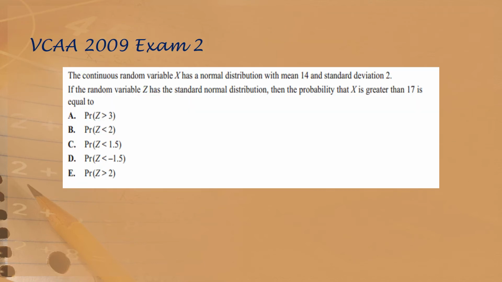So as a possible exam question, this was in exam 2. We've got a continuous random variable X that has a normal distribution with mean of 14 and standard deviation of 2. If the random variable Z has the standard normal distribution, then the probability that X is greater than 17 is equal to... So if we draw a picture, we've got our normal distribution with a mean of 14 and a standard deviation of 2.